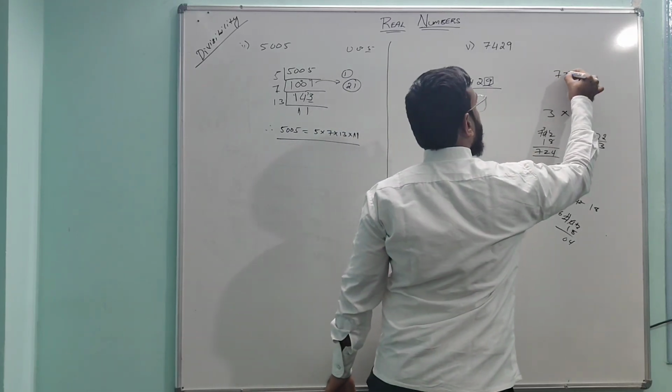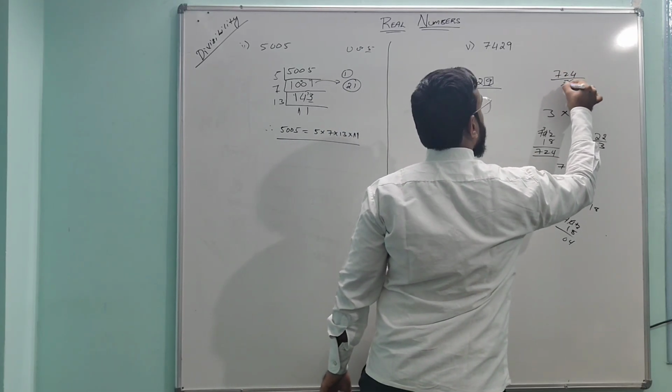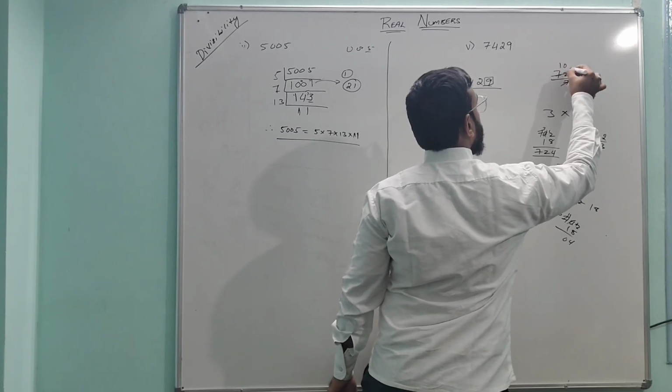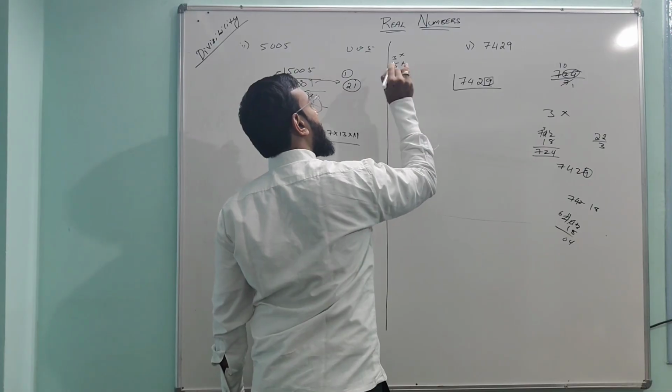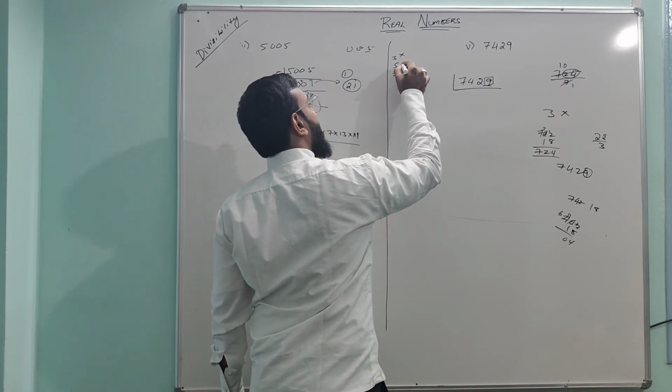Check whether 724 is divisible by 7. 7 sevens are 49, 7 zero, but 24 is not divisible. Neither is it getting solved by 3, nor by 5, nor by 7.